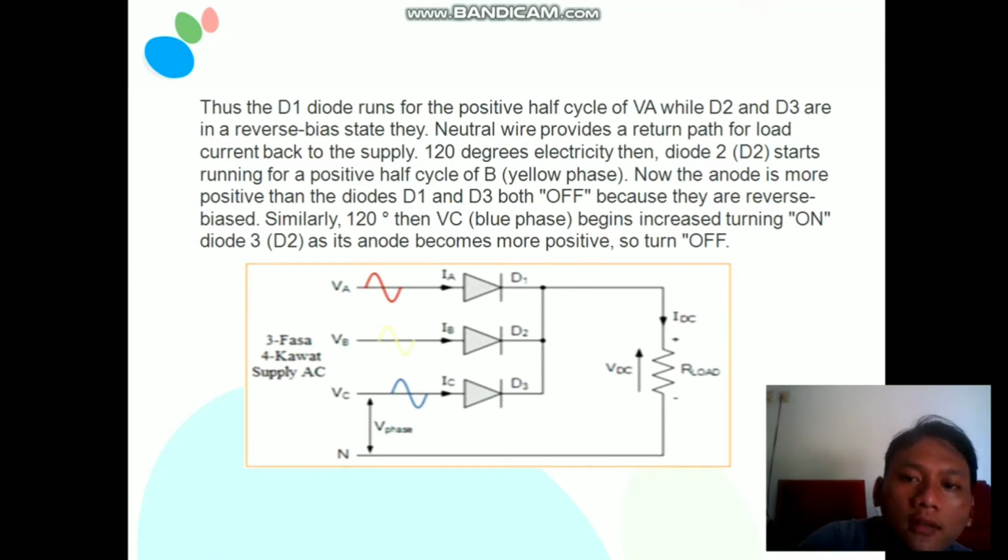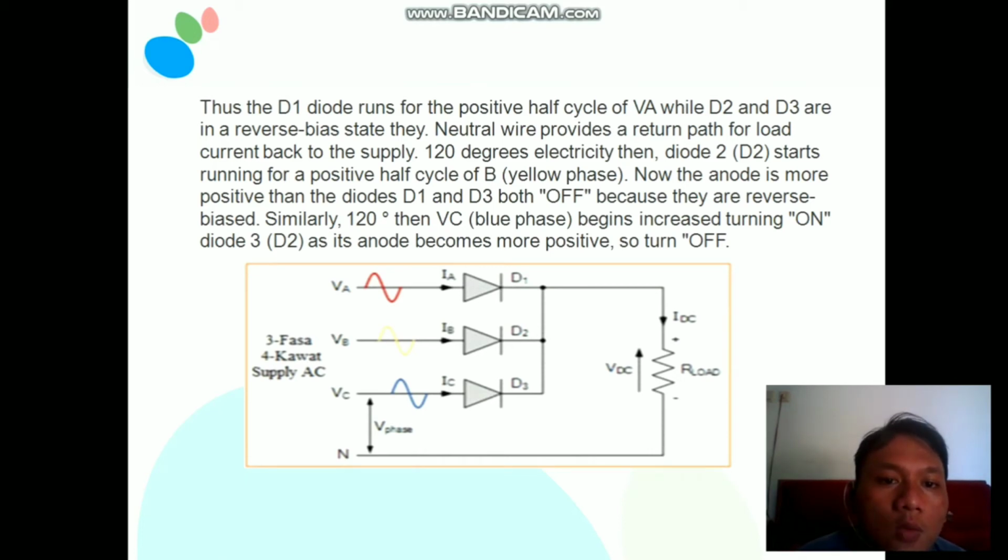At 120 degrees electrical, diode 2, or D2, starts running for the positive half cycle of B, the yellow phase. Now its anode is more positive than the others, so D1 and D3 are both off, because they are in reverse bias.